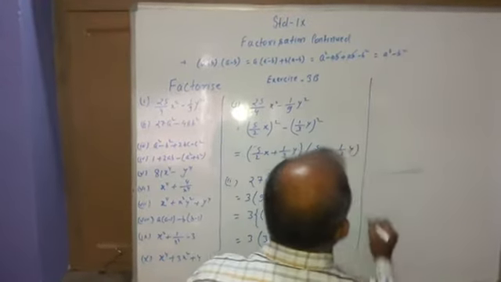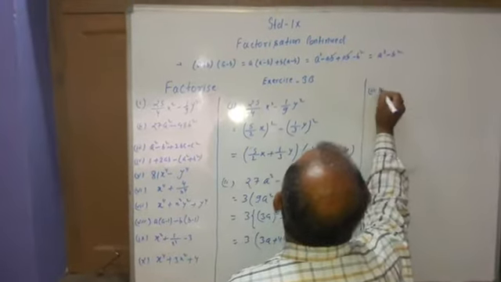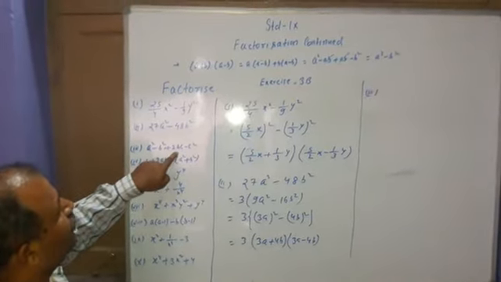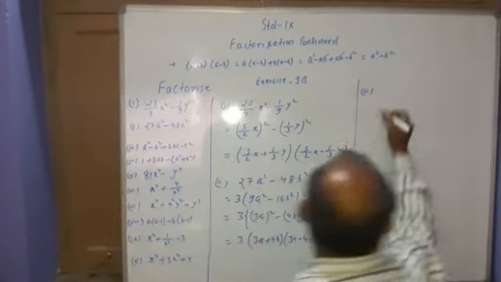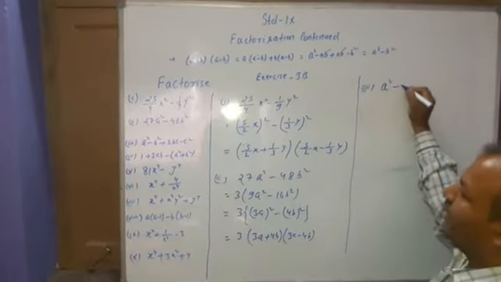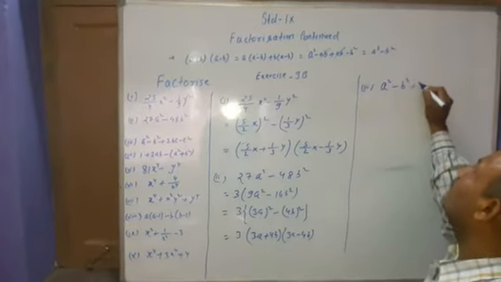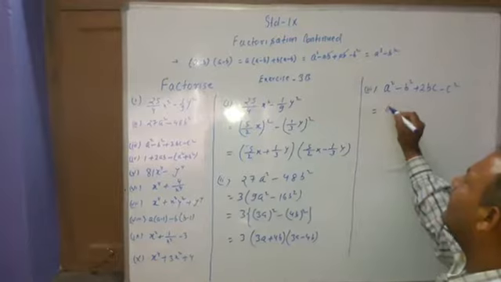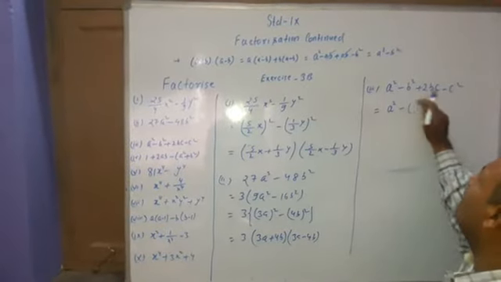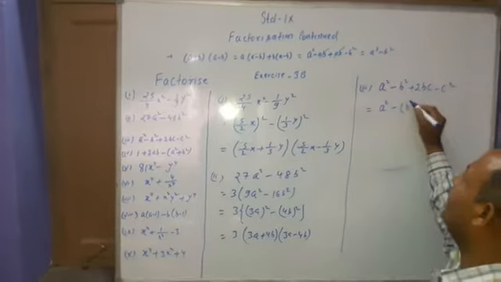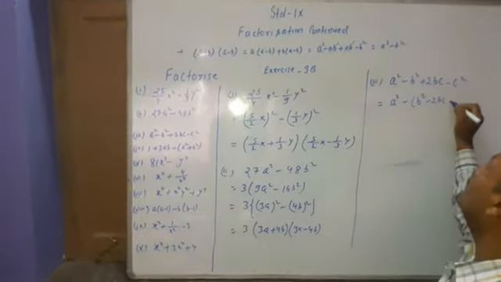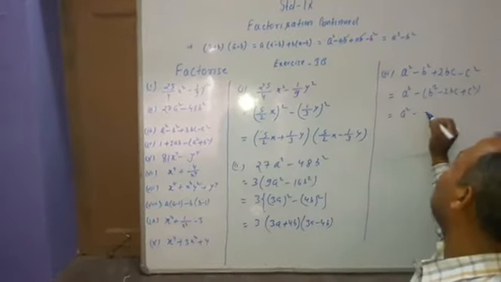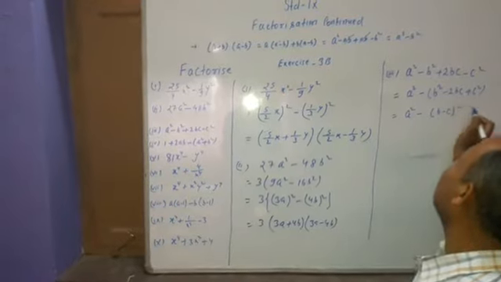Now we see the third problem: a square minus b square plus 2bc minus c square. Now we take minus as common in the last three terms. Therefore we will get a square minus (b square minus 2bc plus c square). It will give a square minus (b minus c) whole square.